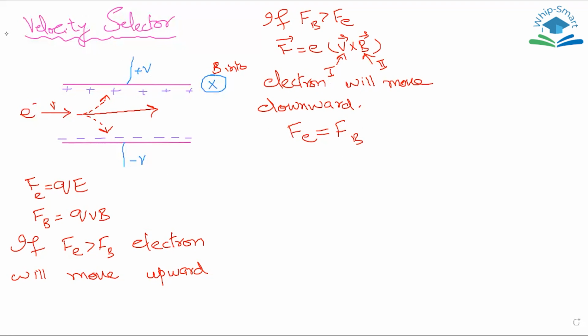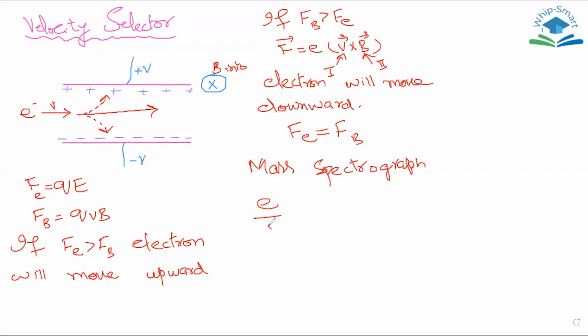This velocity selector is a device which is used in a mass spectrograph, where all the particles have to move out at a particular speed in a particular direction. The mass spectrograph is used to distinguish between isotopes of chemical elements.